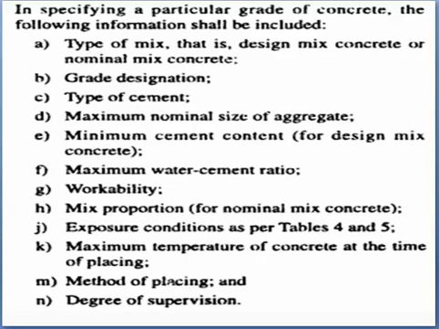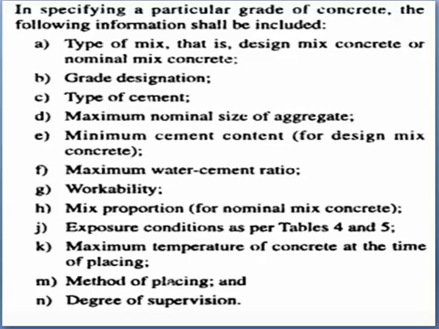Then workability, basically how workable we need our mix to be. For example, it may be for 100 slump, or for 50 slump, or for 75 slump value. Then mix proportion, if we are going for the nominal mix concrete, then we should know the mix proportion. Then exposure conditions as per tables 4 and 5.